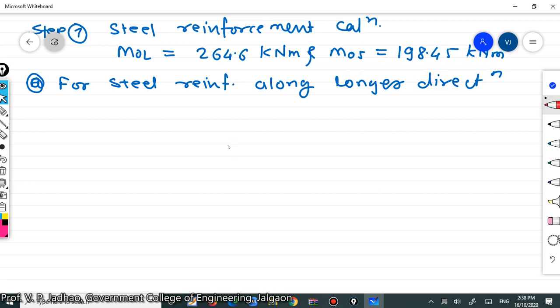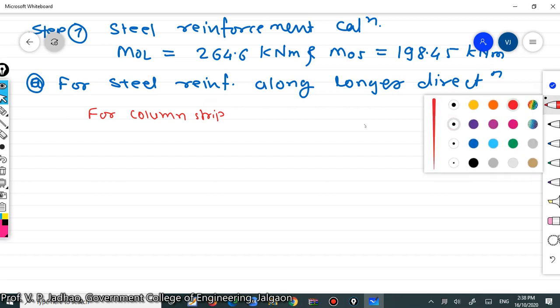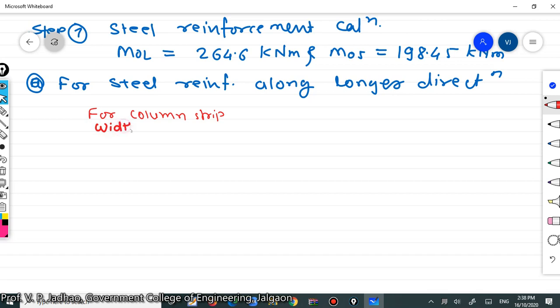We will first calculate the steel reinforcement which is parallel to the longer direction of 6 meter. For the column strip, the width along the longer direction was 2250 mm.